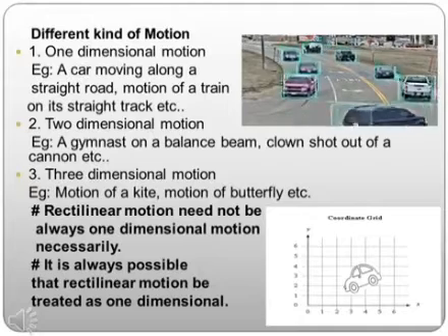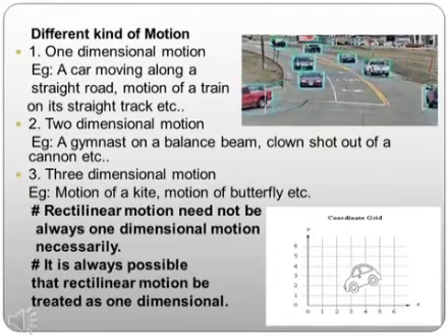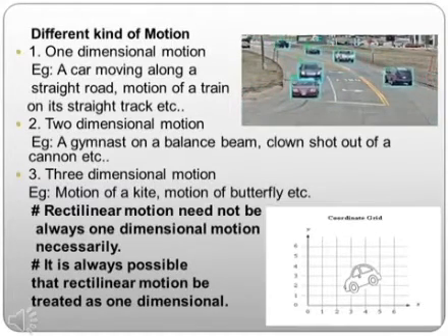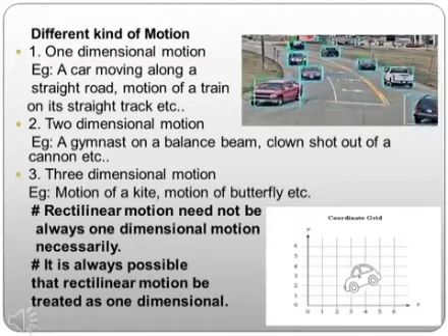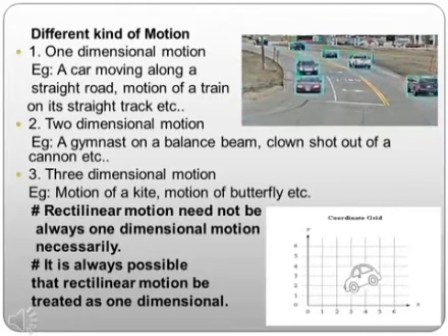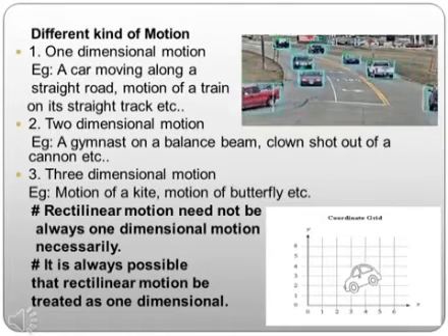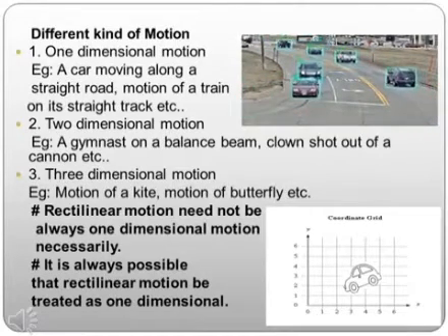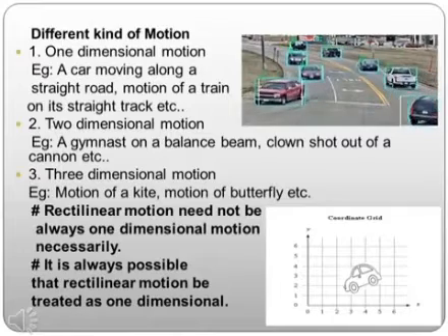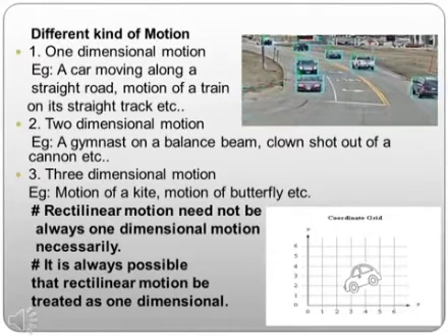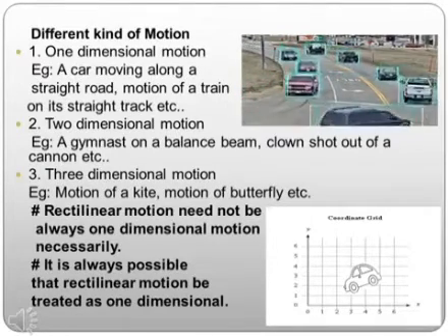Second one is two-dimensional motion. It is the motion of an object along a plane. That is, we use two axes, x and y axis or y and z axis or x and z axis to describe the motion of the object.